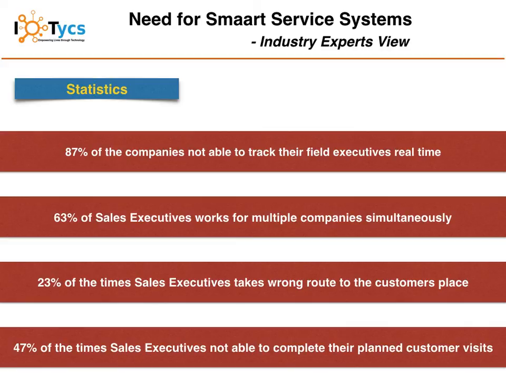So these statistics clearly say that sales executives need some kind of assistance, a platform which enables them to achieve their targets by guiding them in a more process-oriented way. And this is the reason for the need for smart service systems.